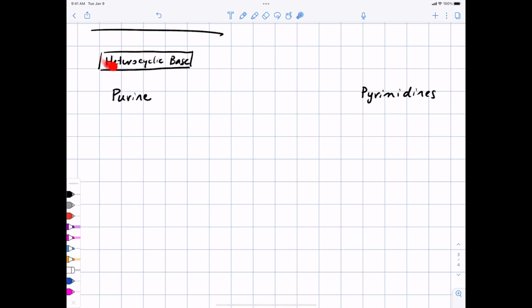There's a whole world out there of organic chemists that like to flex by knowing the names of heterocycles. You've seen some of them before that I've used in passing. For example, I called this imidazole. That's a heterocycle name.